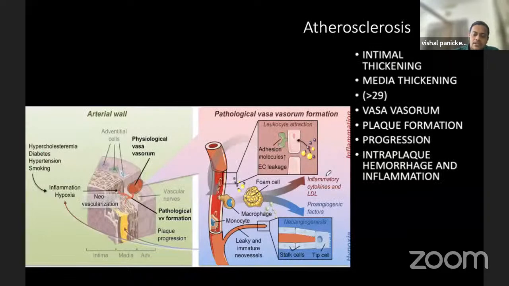So with progressive thickening of the vessel wall, media thickening and increased muscular layers, a threshold of 29 layers of muscle is usually set. Once it crosses 29 layers of muscle, there will be vasa vasorum, internal and external, proliferating into the adventitia of the vessel wall because of the increased demand. And this can lead to plaque formation and progression, and is also involved in the pathogenesis of intraplaque hemorrhage and plaque inflammation.